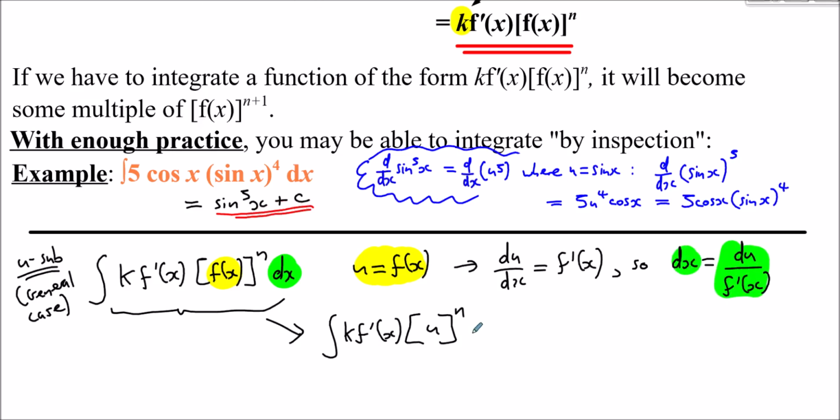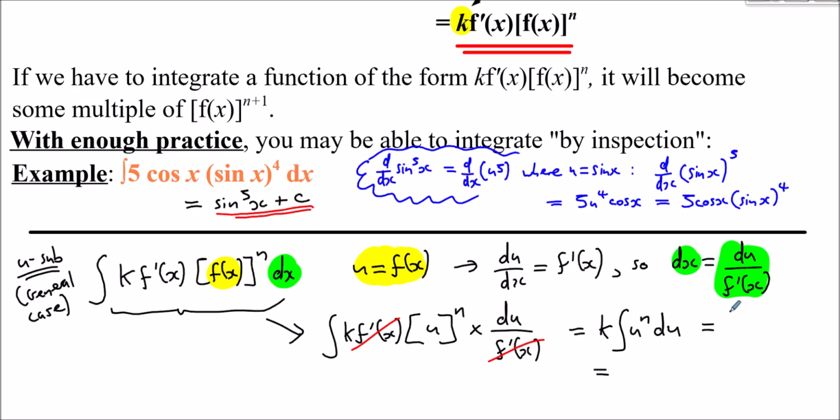So doing it this way instead of by inspection, we can see here you'll always get this cancellation. f dashed will cancel with f dashed on the denominator. k, of course, is just a constant, so we can take the k to the outside of the integral and just integrate u to the n with respect to du. So we're going to add 1 to the power and divide by the new power, then plus, of course, the constant of integration.